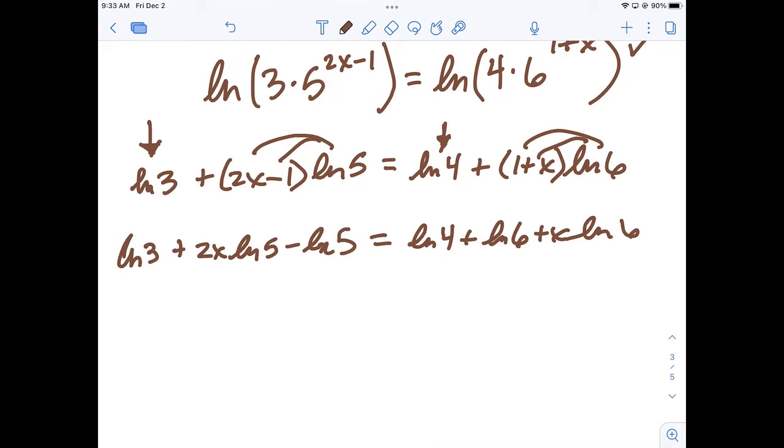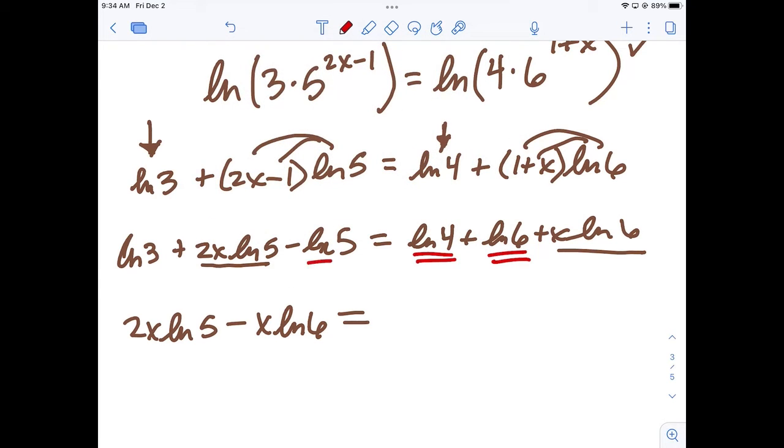All right, we got to collect like terms. There's an x term, there's an x term. So the 2x ln of 5 is already on the left, you stay, and then coming across is the other guy, which is now x ln of 6. Everything else that is not underlined in red now, those are all numbers.